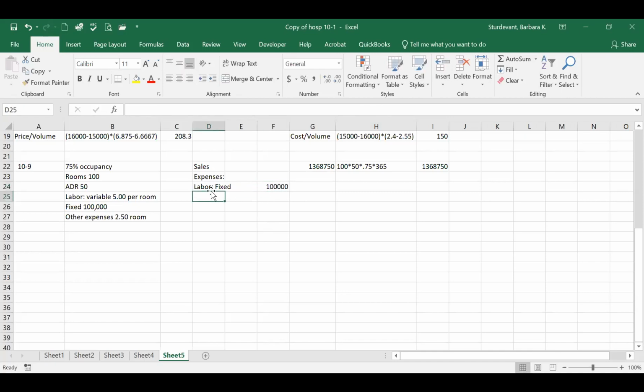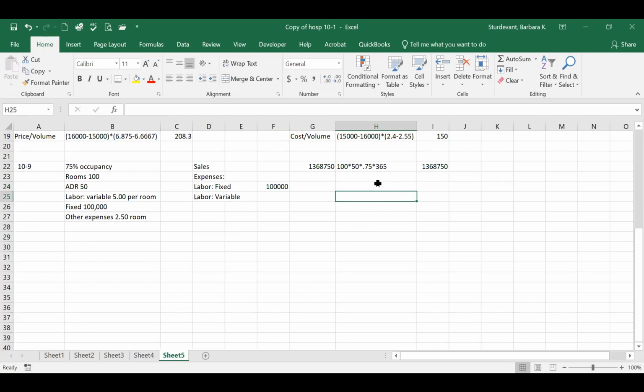And then we have our variable. Okay, so our variable was $5 a room.